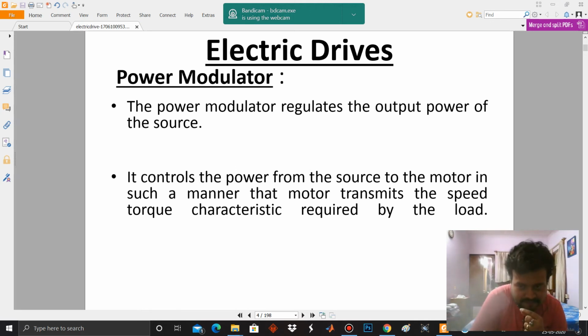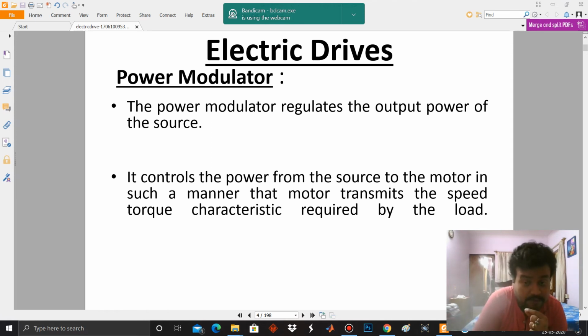That means this is very system specific or plant specific. This torque speed characteristics has a profile which is specific to that particular process or that particular plant. And the requirement is that the motor should satisfy those requirements.